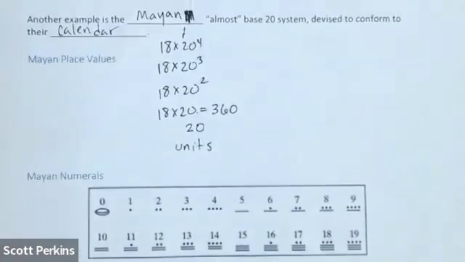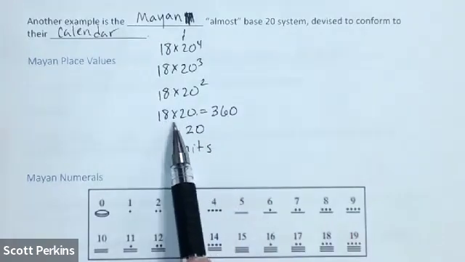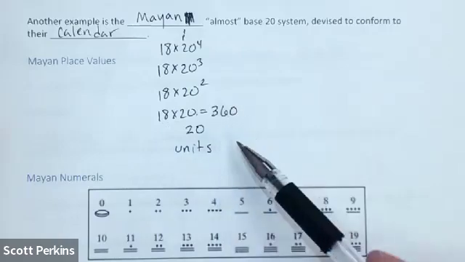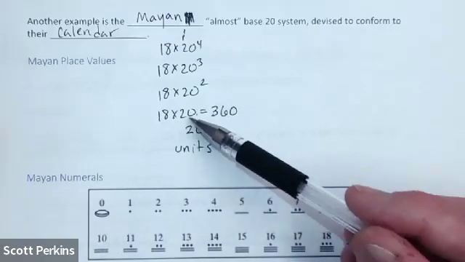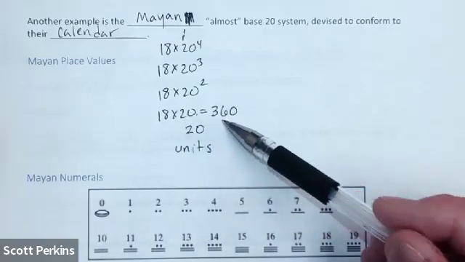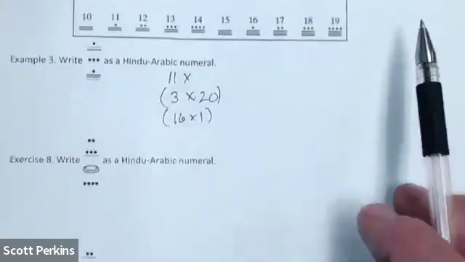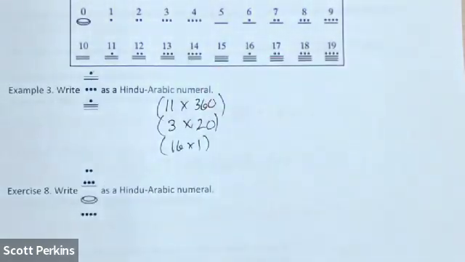The next place value up after our 20s is our 18 times 20s, or our groups of 360. So for them, it goes units, 20s, and then 18 times 20, which is 360, not 20 squared. That's the weird thing. So 11 times 360.